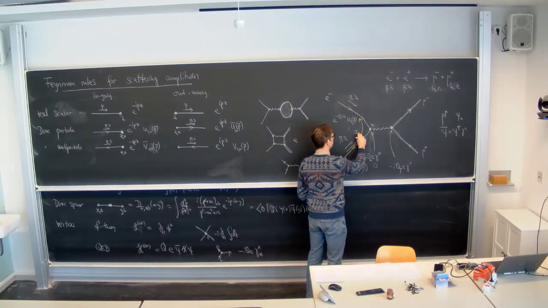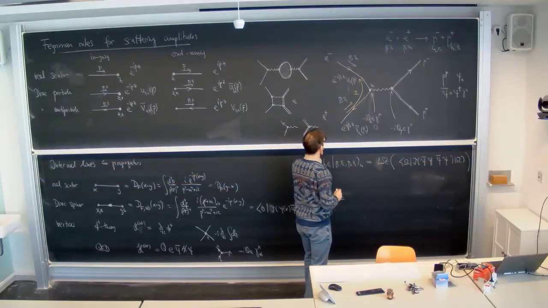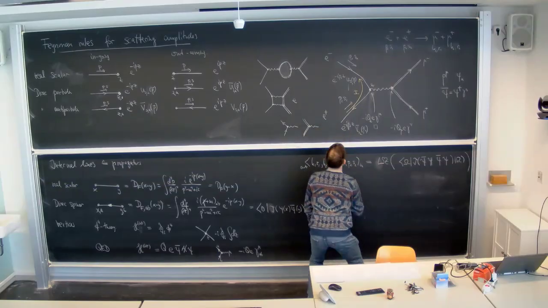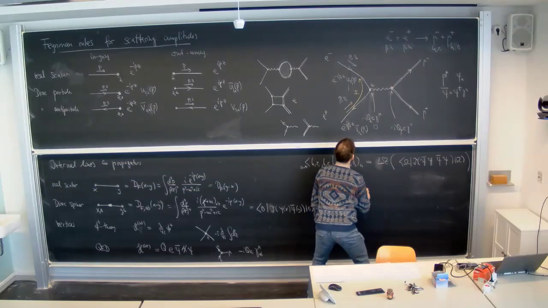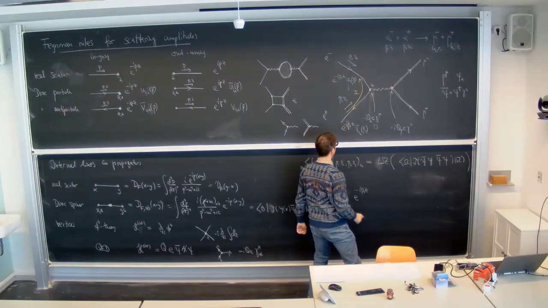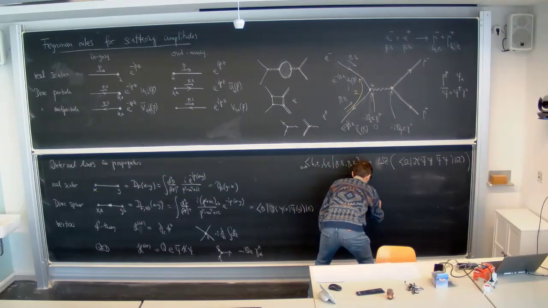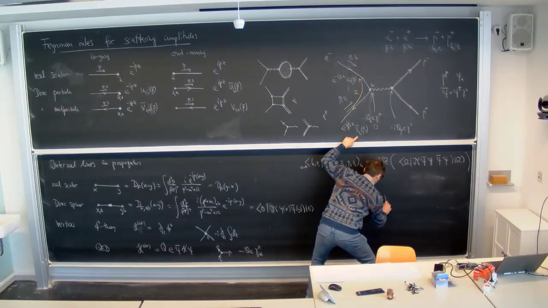So let's say this is fermion line number 1, Roman 1, and I'm going to write it. So I write e to the minus i p2 z, and that factor goes anywhere, doesn't have any index. Then we have v bar s2 p2.